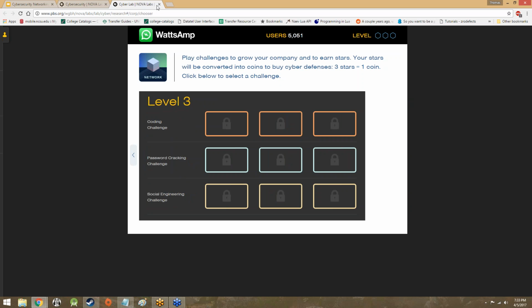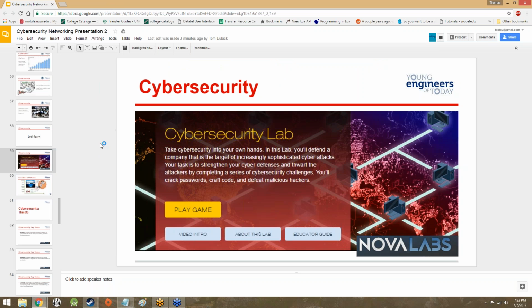Anyway, you get the idea with this. You can continue with that if you're so inclined. But the idea is still there. Gain more stars, get more coins, and then you can better defend against cyber attacks.